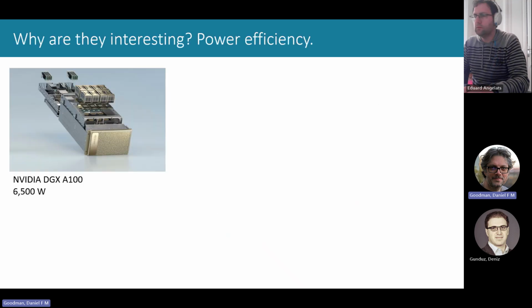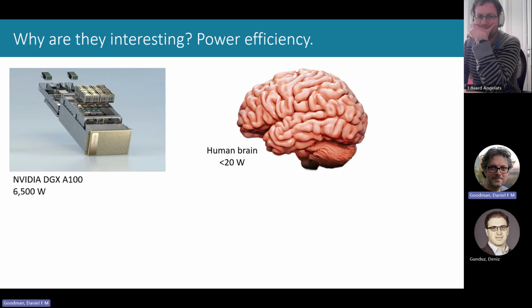But all right, so the next reason why they might be interesting is power efficiency. This is a fairly typical GPU drawing 6,500 watts, quite a lot of power, and I guess you all know probably better than I do how much the power usage of machine learning is causing problems now. The brain is estimated to use less than 20 watts. In fact, that's an old figure.